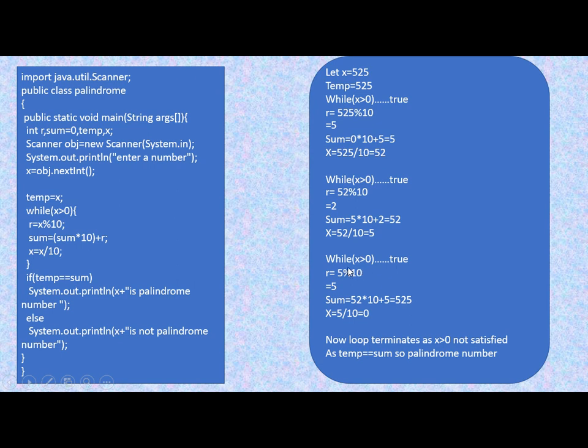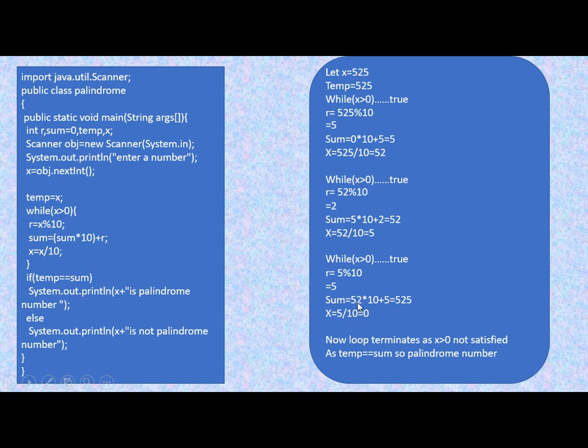Now again x is greater than 0, so this set of statements will be executed. Now the value of x is 5, so r equals 5 mod 10. This gives a remainder of 5, because if you divide 5 by 10, the quotient is 0 and the remainder is 5. So r is 5, and sum equals sum into 10 plus r.